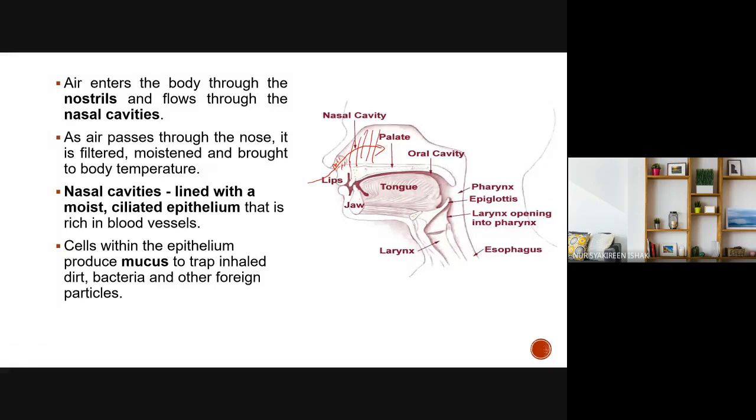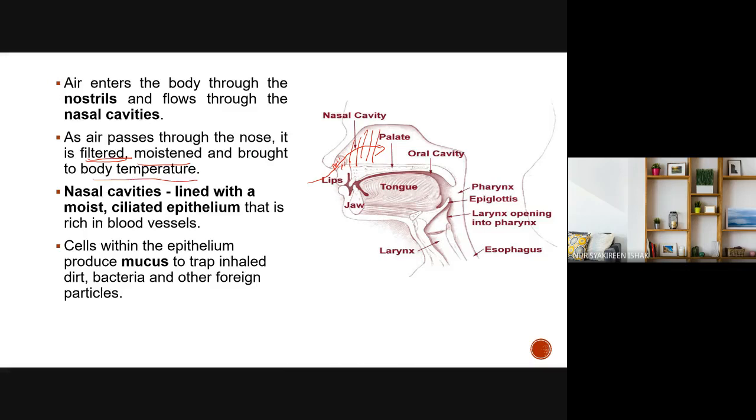So the function of that hair is as a filter, to filter any contaminant from the air that you inhale. And also this air will be moistened and brought to body temperature. So remember here: the air will be filtered, moistened, and brought to body temperature.